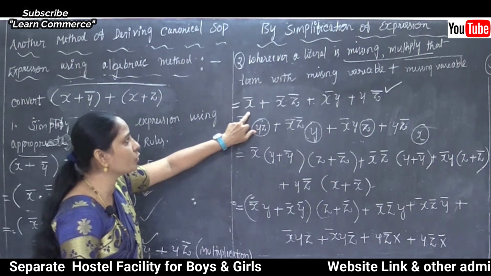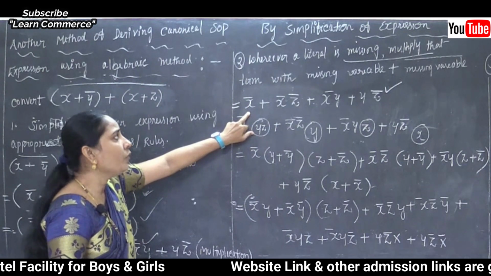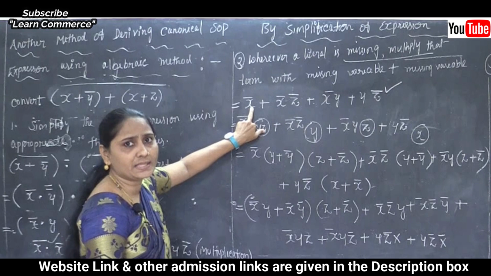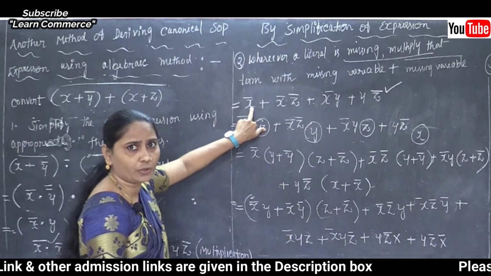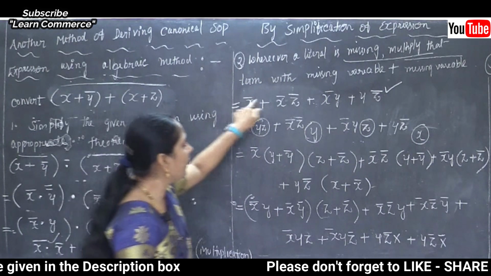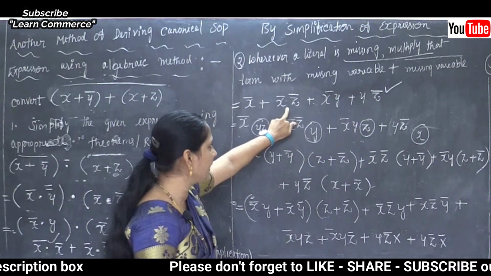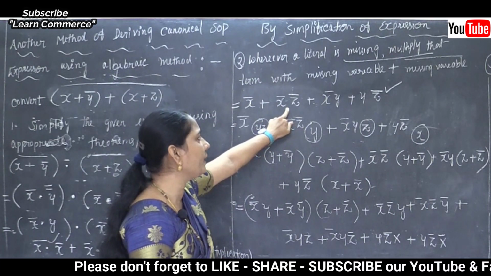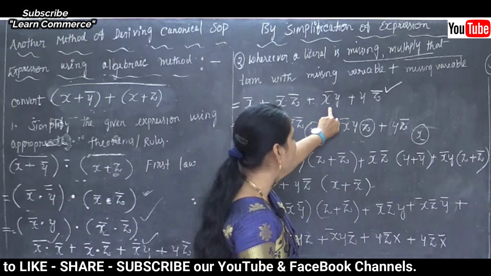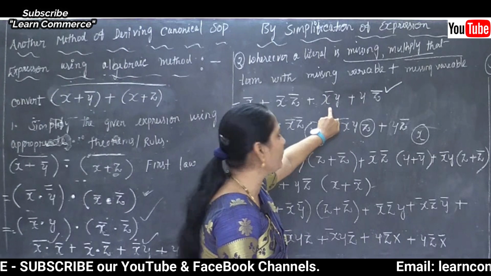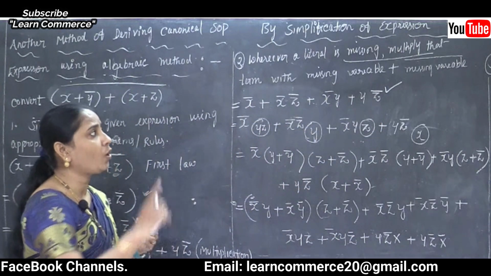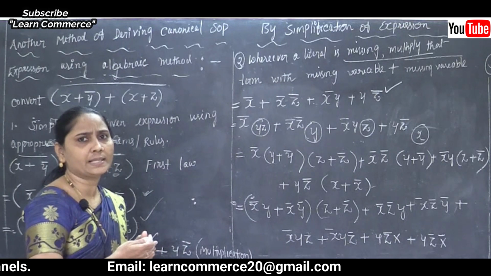Now when you look at this expression, the first expression, yz is missing, correct? The y and z are missing here. When you check the second, the y is missing here, and in the third expression the z is missing, and in the last expression, y complement z, the x is missing.